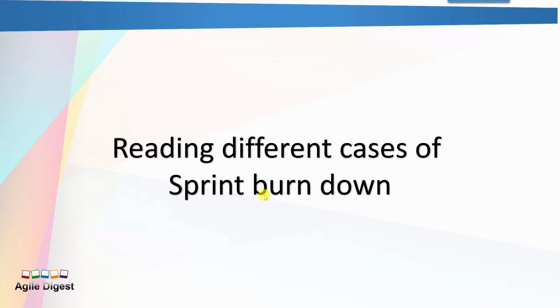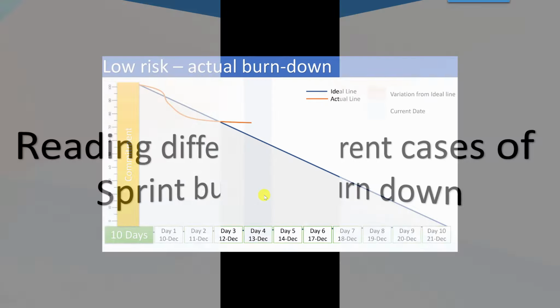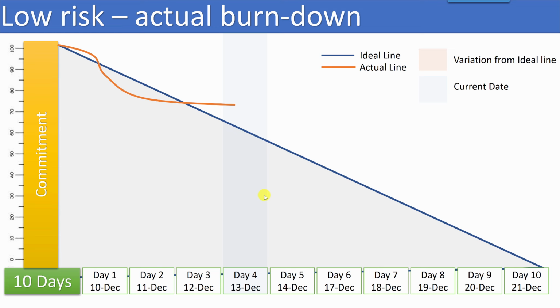So now let's talk about the different cases of the sprint burndown. Here is one of the cases where you can see at the end of day 4 your actual line is ending somewhere here. So it's actually risky because it's above the gray line. Every time your actual line is ending below the ideal line, it's safe. If it is ending above the ideal line, it's risky, but the amount of risk depends on how far it is.